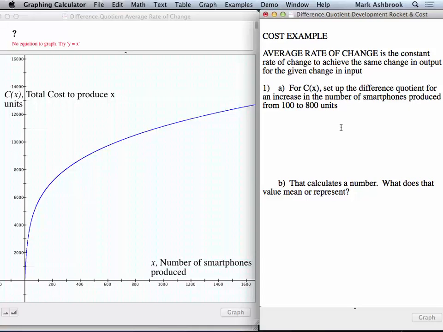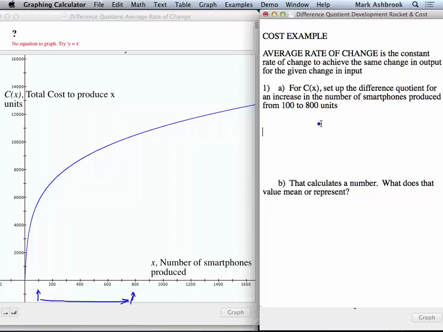Okay, Jonathan, you're up. Tell me about the difference quotient for an increase of phones produced from 100 to 800. So if we want the difference quotient starting at 100 phones produced and up to 800 phones produced, can you set up the difference quotient using C of X?